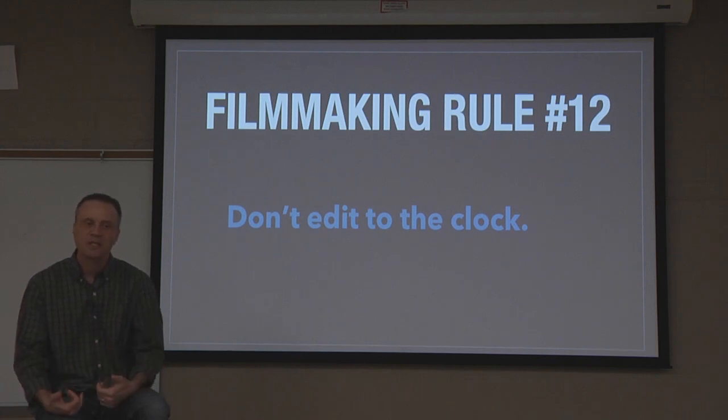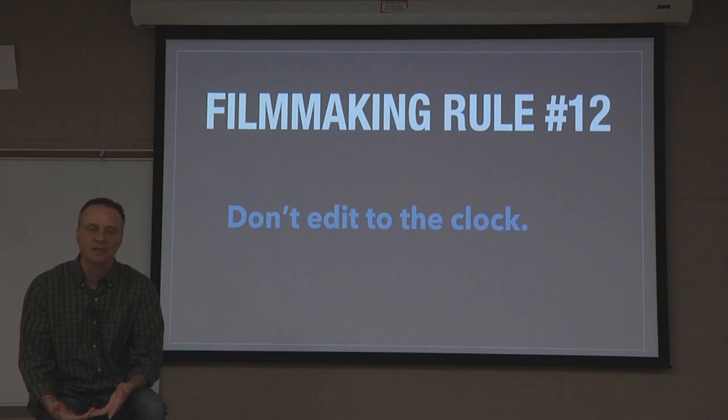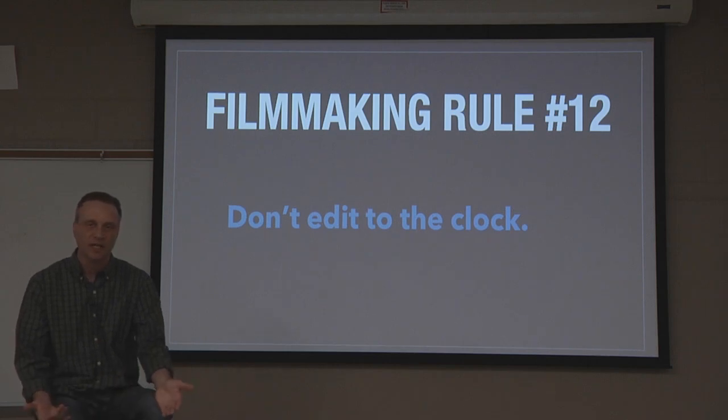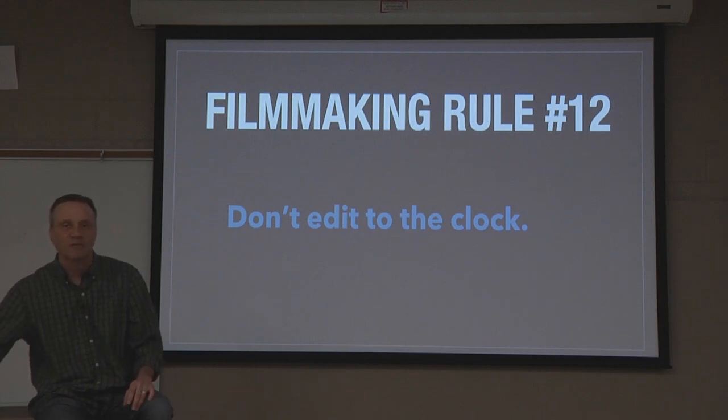But I'm using my feelings towards that shot based on when I think it's lost its functionality or its purpose. Because some shots can linger on for a long time and still hold my interest and still have meaning to it. The clock should never be a reason to cut. Some shots need to be on screen for 15 minutes at a time. Other shots, maybe half a second. It just depends on the purpose and function of that particular shot.